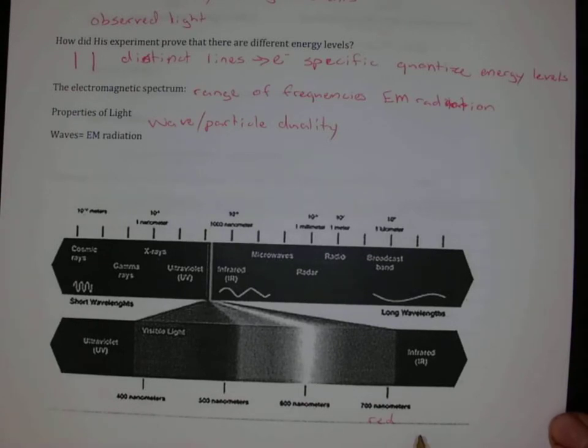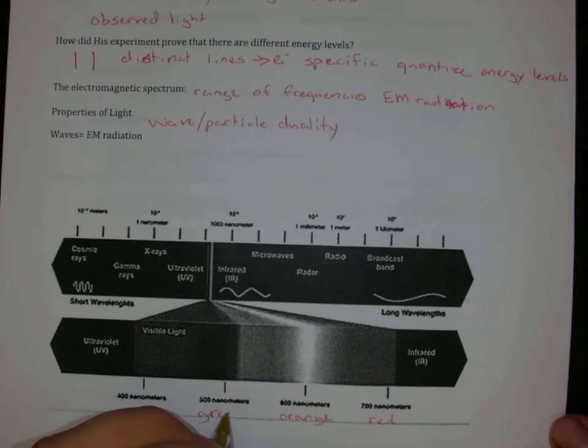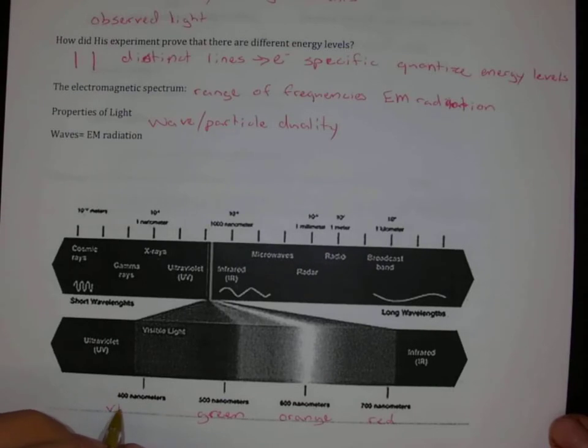So on our visible light spectrum, we have red with relatively long wavelengths, right? This would be our 700 nanometers down here. Our 600 nanometers, we've now kind of moved into the orange and yellow colors. Down to 500, we're now green. And then our 400, this is going to be our violet and our blue. Okay?